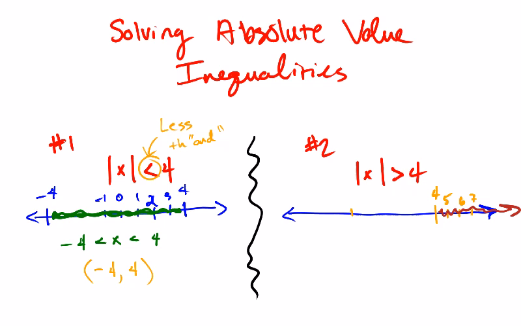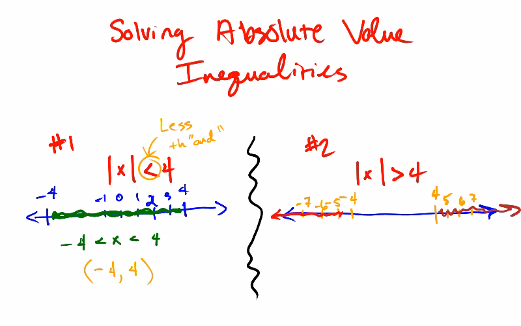Let's go with -4. The absolute value of -4 is 4, so that's not greater than 4, but things like -5, -6, -7 would all be good as well, and that means we can use these numbers that go towards the left.